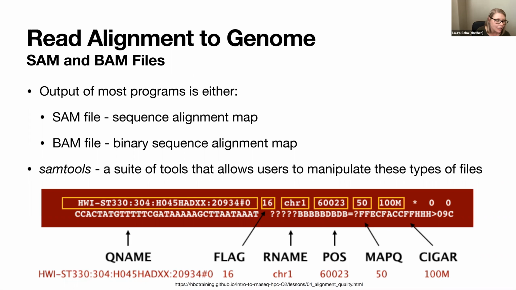I have included on the GitHub for this lecture a website where you can plug in these numbers and it will translate what they all mean. This is the chromosome, the position, the mapping quality, and then this CIGAR measurement, which is interesting in that this particular read is 100 base pairs and all 100 base pairs match smoothly.